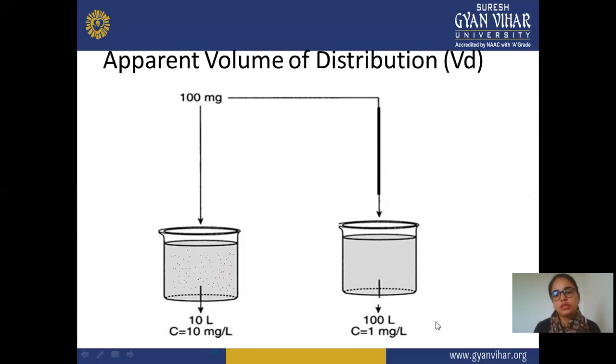In the other, the same condition, instead of 10 liters, we are considering 100 ml. So this is much smaller compared to this one, and the concentration is high, as the drug is in less fluid.